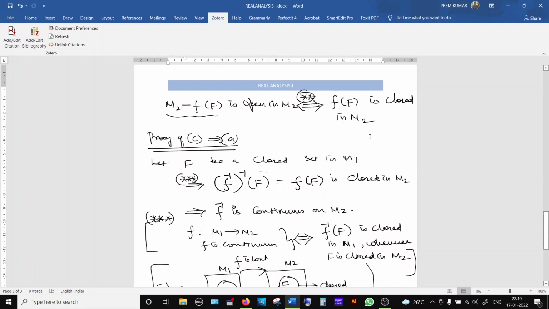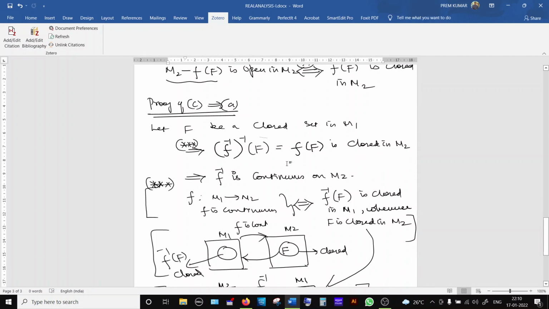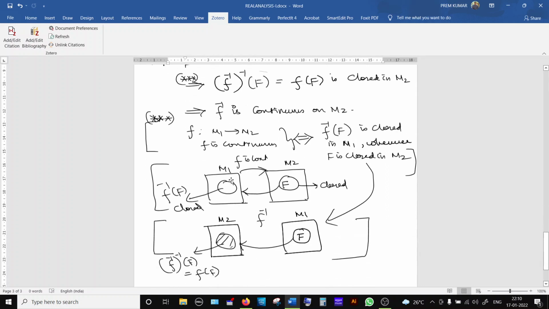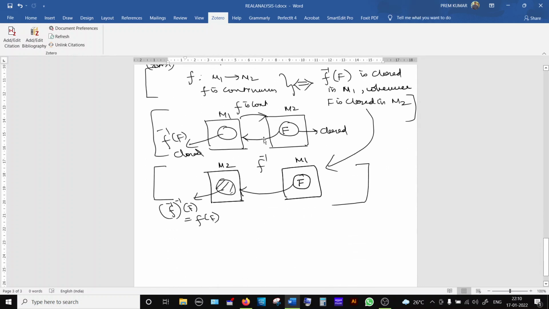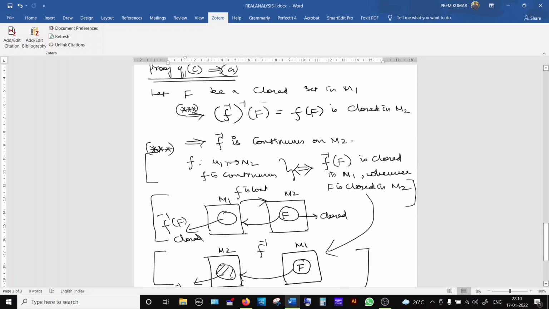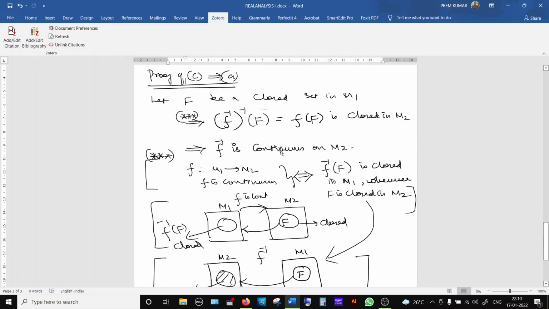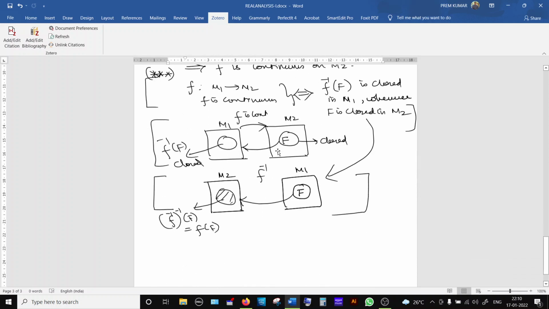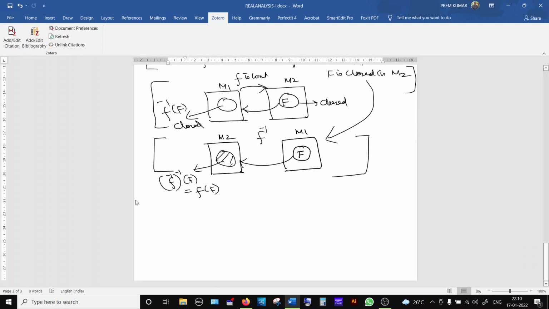If this is satisfied, then as per this theorem, which is an if and only if statement, f inverse is continuous on M2. So by this theorem we proved that f inverse is continuous. So now we are going to prove that f is continuous. If I prove that one, A is over.